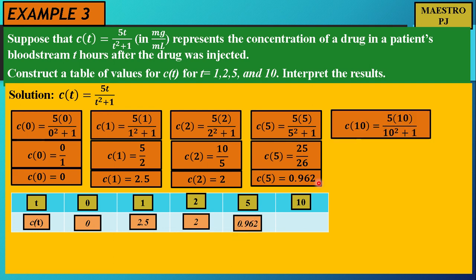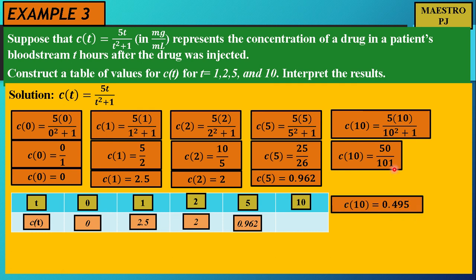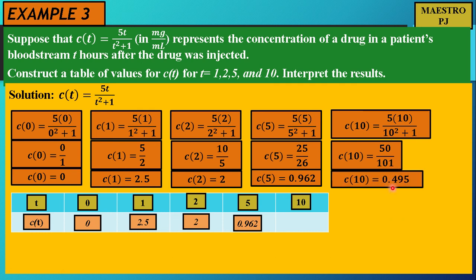And lastly, after 10 hours naman, C of 10 is equal to 5 times 10 divided by 10 squared plus 1. So 5 times 10 is 50. 10 squared is 100. So 100 plus 1 is 101. So C of 10 is equal to 0.495.